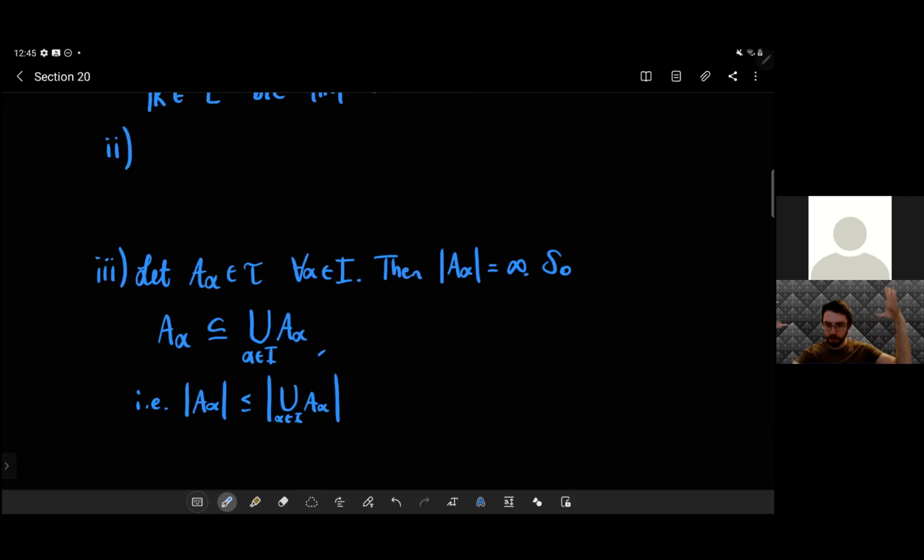Right? Unions make things bigger. So if this has infinite cardinality, that implies the union has infinite cardinality. Not writing out all the details, but there you go. So it's fine for unions. Unions of infinite sets are still infinite. If you happen to toss a few empty sets in there, it's not going to change it. So you could write that down as well.